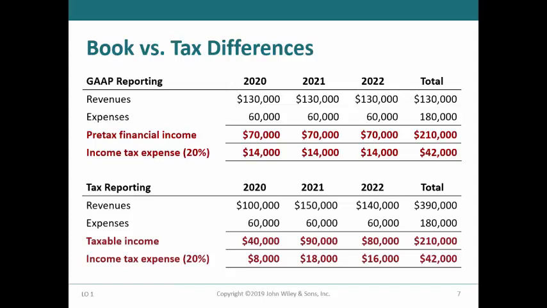Income taxes per the tax return are $8,000, $18,000, and $16,000. However, if you notice, the total income tax per GAAP or tax is $42,000 over the 3 years. So these differences between income tax expense per GAAP and the tax return are what are called temporary or timing differences. In the end, they will be the same.